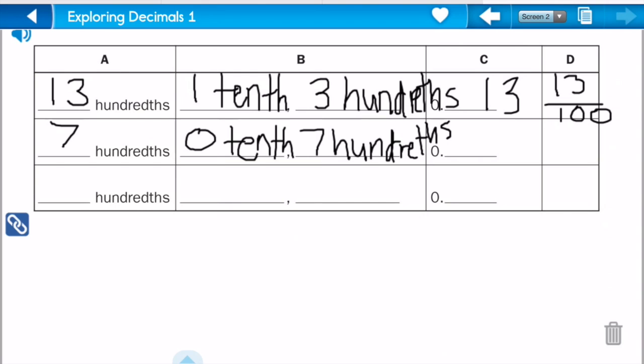Now you're going to write the decimal, which would be 0.7. I'll give you time to write the decimal. It should be 7 over 100.